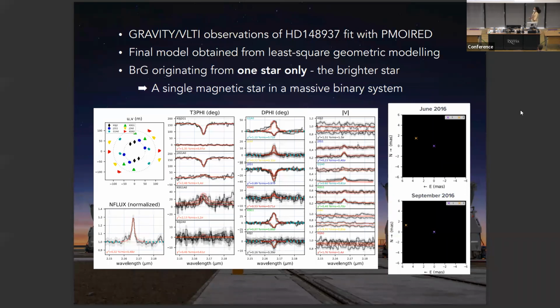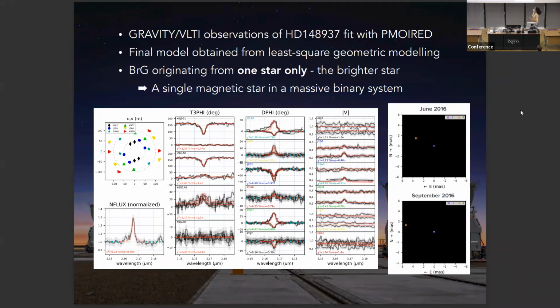So you can have, for example, an emission line in one star, or an emission line in both stars, and by running a lot of different kinds of models, we're able to determine that the best fit to the data was obtained if this Brackett gamma line emission is coming solely from the brighter and more luminous star in the system, so the primary star here.